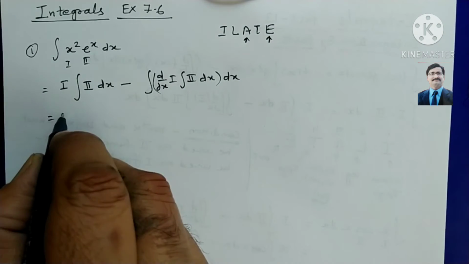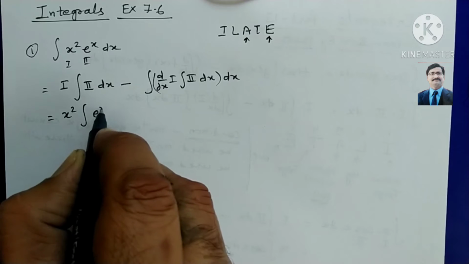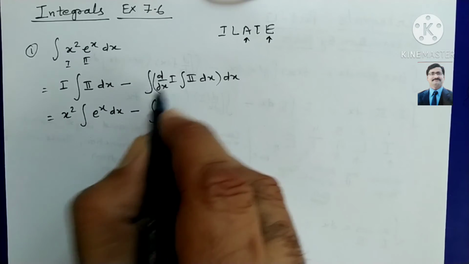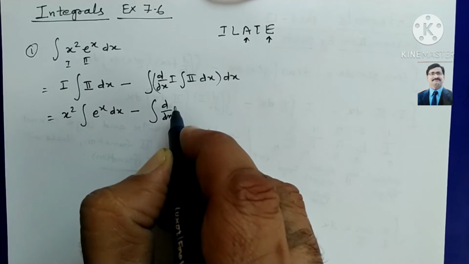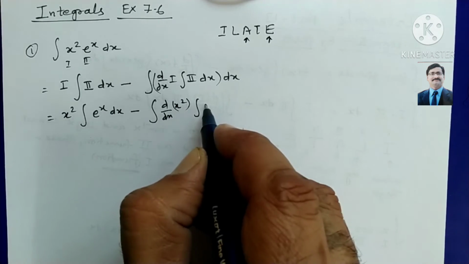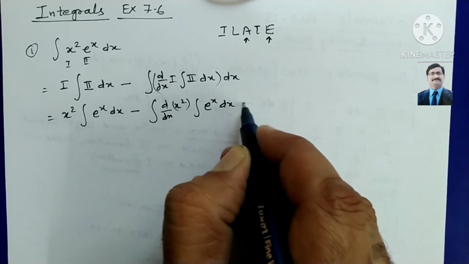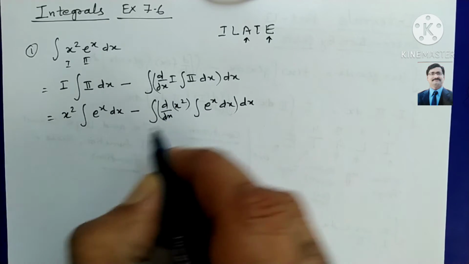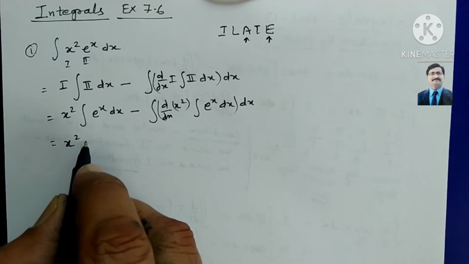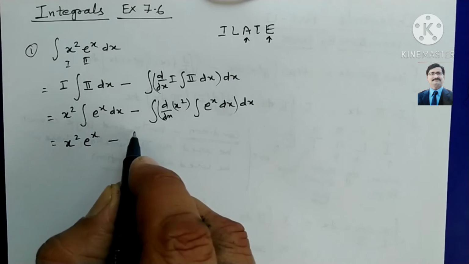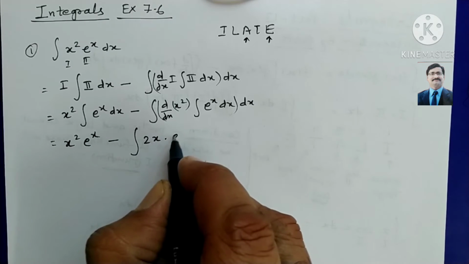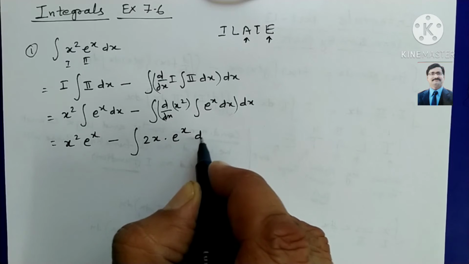Here first is x square, integral of e power x dx, minus the integral of the differential of first, x square, and the integral of second, e power x dx, and whole dx. All of you understand? Now x square times e power x, the integral is e power x, minus x square differential is 2x and e power x integral is e power x, dx.